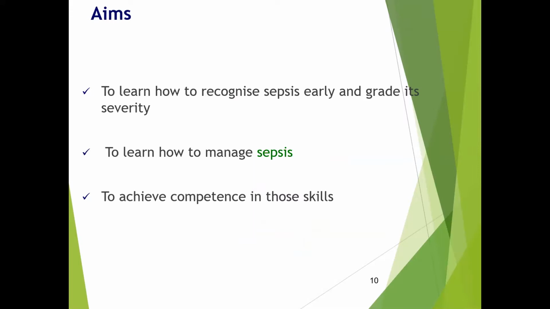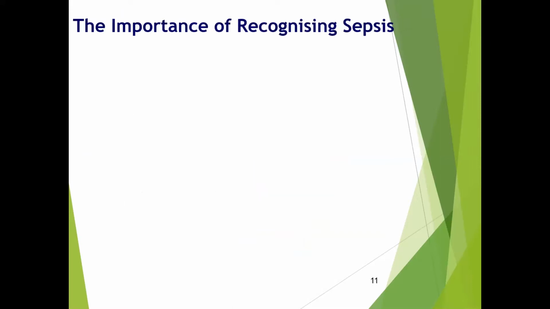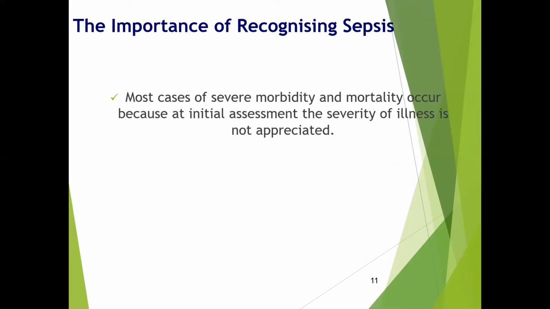We need to learn how to manage maternal sepsis, and we need to achieve competence in the management of these patients. It's always important to recognize sepsis because most cases of severe morbidity and mortality occur because at initial assessment, the severity of illness is not appreciated.